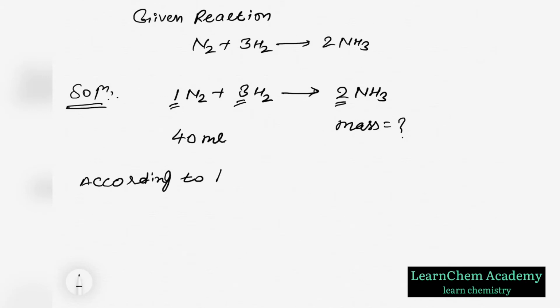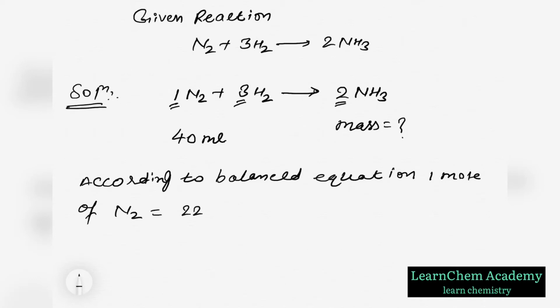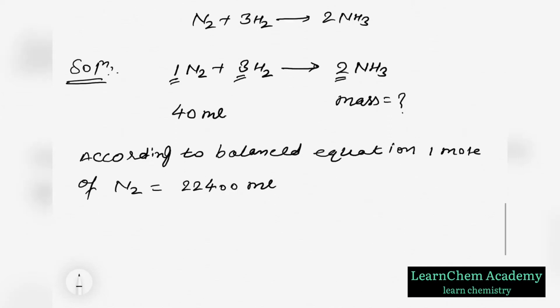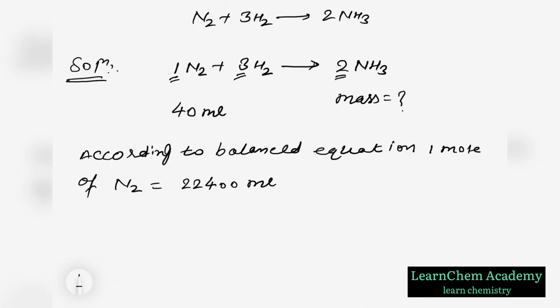According to the balanced equation, 1 mole of nitrogen is equal to 22,400 ml, which produces 34 gram ammonia.